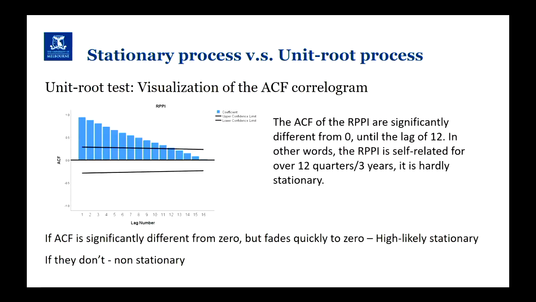That means the house price index is influenced by its previous value for over 12 quarters, or maybe 3 years. So it can hardly be a stationary time series, and it is highly likely to have a unit root. So this is one way to test, though it's just a kind of accurate guess, okay?